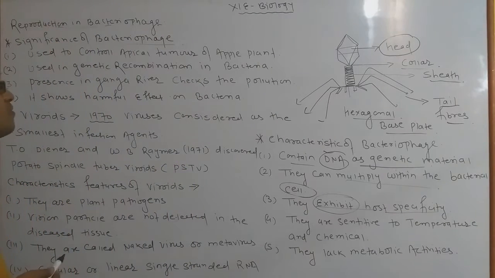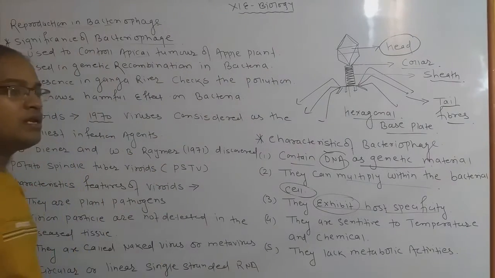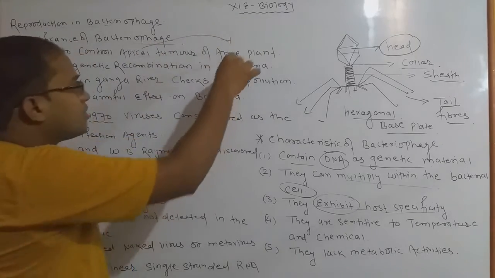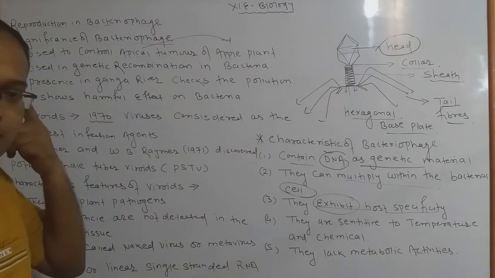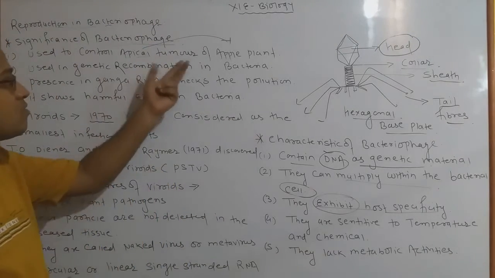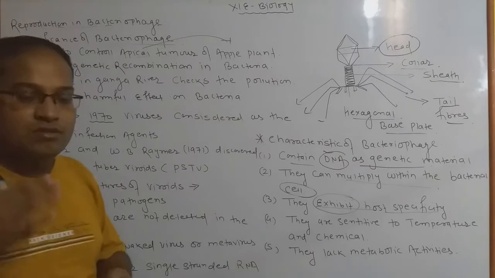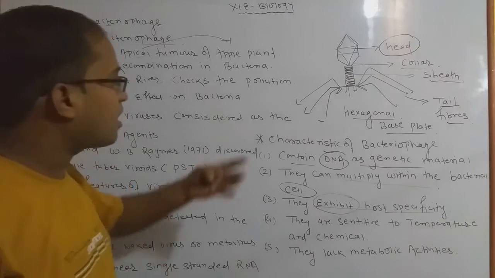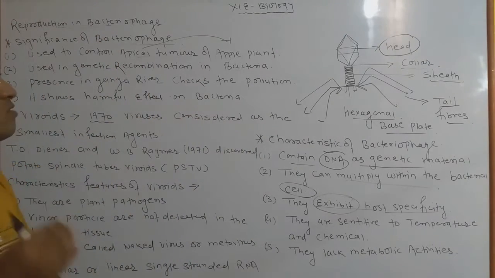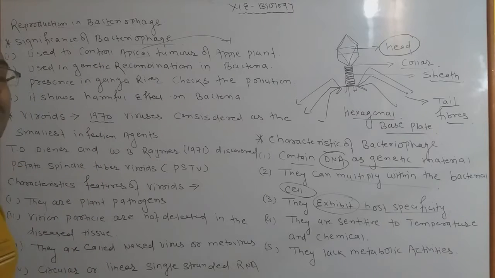But some types of bacteria and some types of virus cause apical tumor in apple plants. Generally they form tumor-like structures on the apple plants, on the upper side, the apical position. At that time bacteriophage is used to control that type of infection, as it works to destroy the vector or virus in the apical plant. So that is the most important economic importance of bacteriophage.